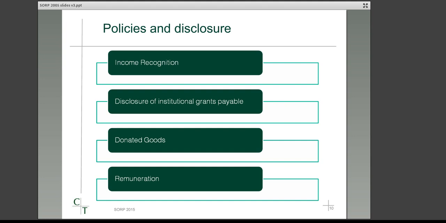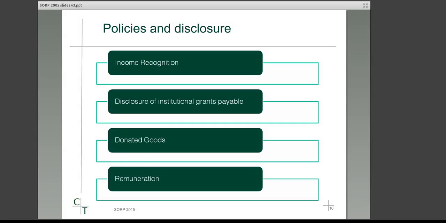The new SORP will require that you actually measure the value of these goods when you receive them rather than when you dispose of them. Now, in some cases that might be straightforward, in other cases less so. There is fortunately a provision in the new SORP that where it's impractical to value donated goods when you receive them, you can instead value them at the point of disposal, but that really shouldn't be seen as a get out from having to consider this and apply it.